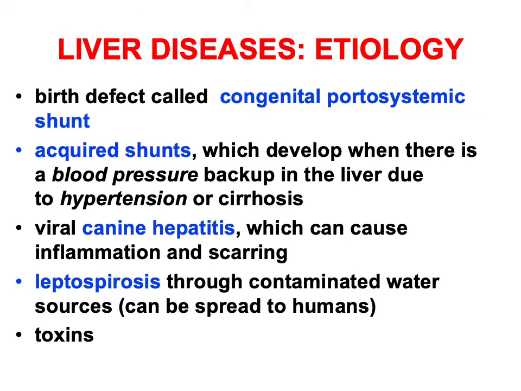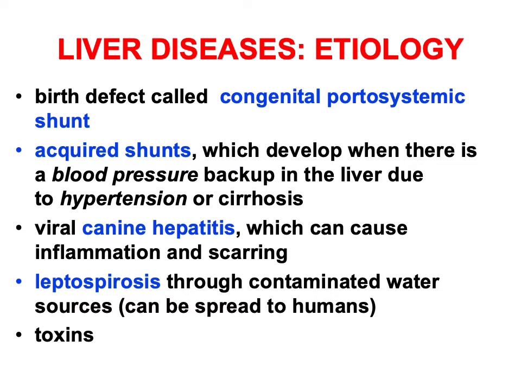The most important etiologies of liver diseases are as follows. A birth defect called congenital portosystemic shunt, which is a failure of the anatomy of the important vessels in the liver.